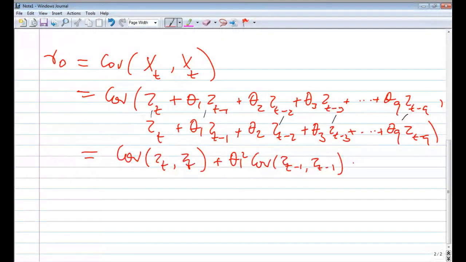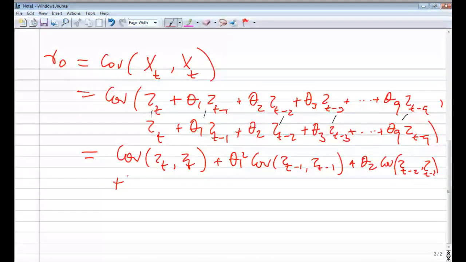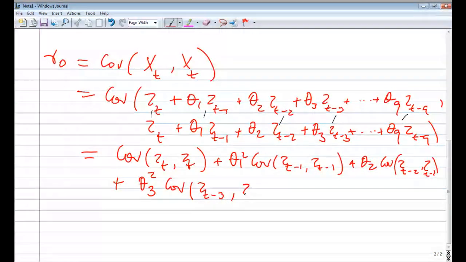The next group, plus theta 2, the curve of zt minus 2, zt minus 2. The next one, plus theta 3 squared, the curve of zt minus 3, zt minus 3. Then the last one.